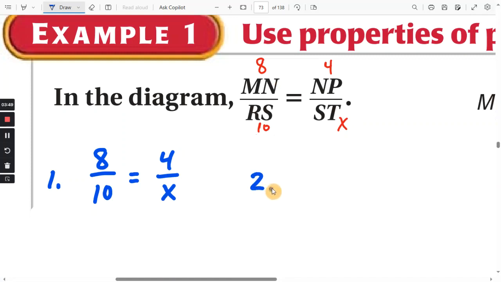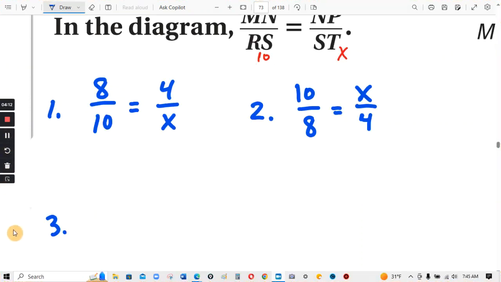On the second one, we said before you can take the reciprocal of both sides. So 8 over 10 becomes 10 over 8, and 4 over x becomes x over 4. So there's 2 of them. Number 3, we said you could interchange the numbers in the diagonal.